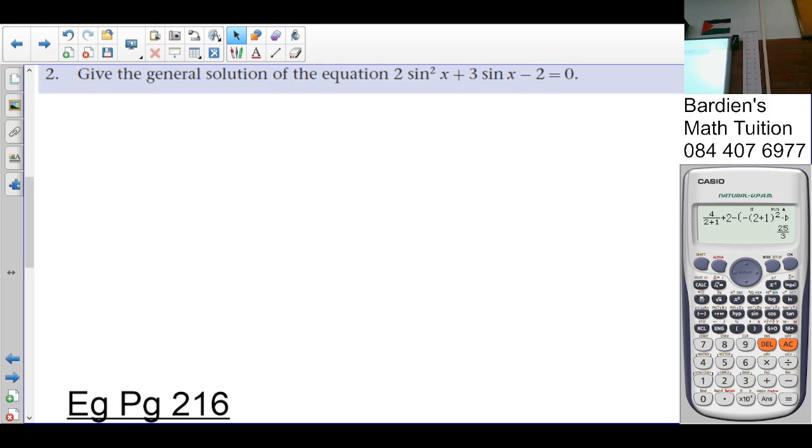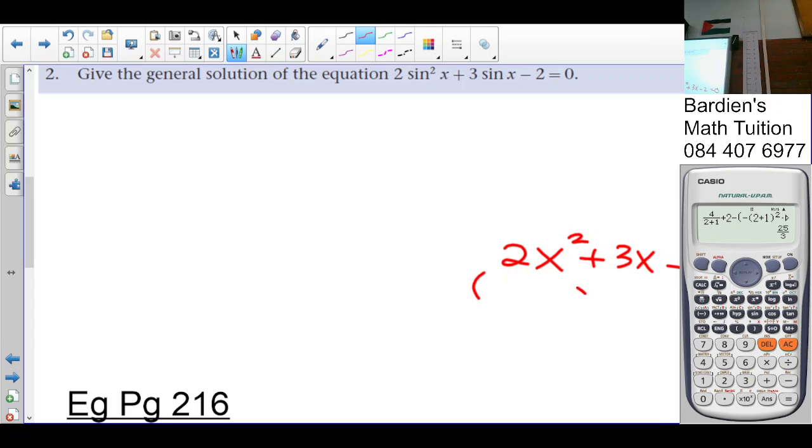You see a trinomial maybe? So if sine x was x, this would have read 2x squared plus 3x minus 2 is equal to 0. Can you see the trinomial?